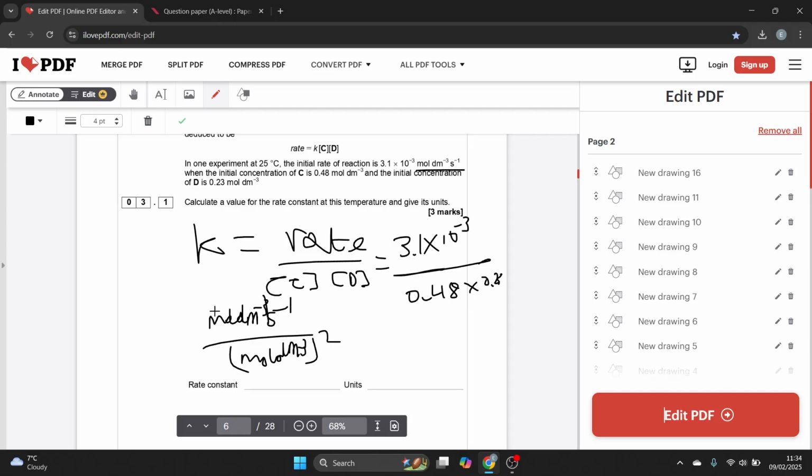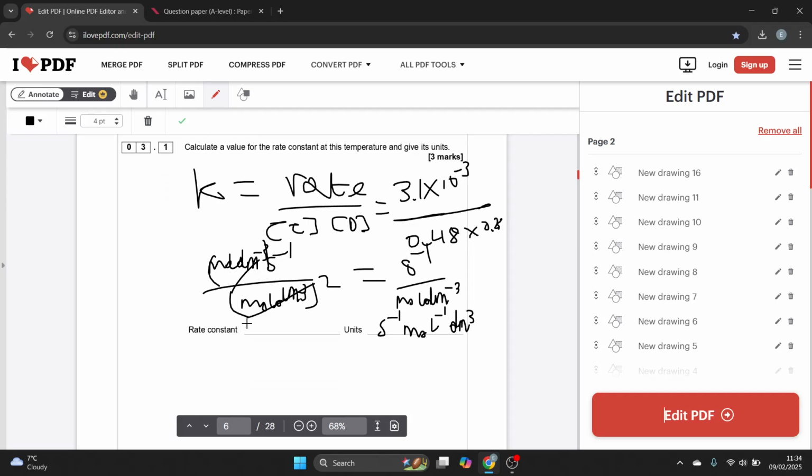Okay, well then that will cancel out and I'll be left with s to the power minus 1 over mole per dm cubed, which is s to the power minus 1 mole to the power minus 1 dm cubed. And for the rate constant, it is 2.8 times by 10 to the power minus 2, but that was really easy. The units, definitely slightly harder in my opinion.